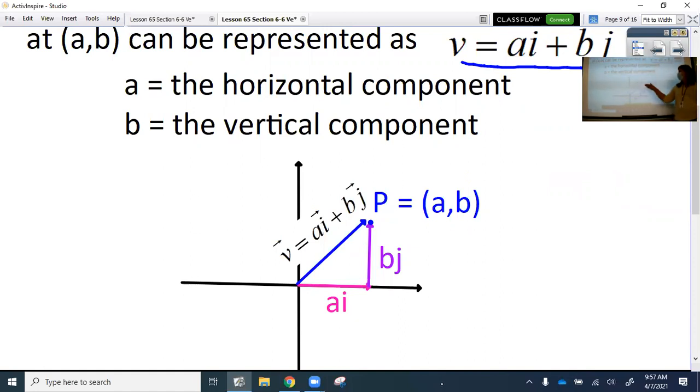Our vector is going from 0, 0 to some point that we're calling A, B. So this is just to show you that when you think about a vector and you see the two pieces, the I piece and the J piece, you're just looking at really like the pieces of that triangle. How far over did it go? How far up did it go or down? That's what you're going to see with your vector. And again, we could label the distance of that blue vector, that distance would still be that magnitude, would be the distance on that line.